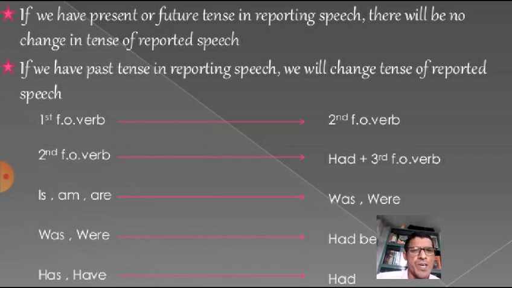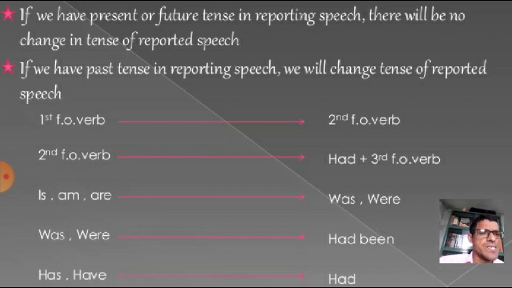In the same way, if in the reported speech either was or were is there, then was and were can be changed into had been whenever changing the sentence from direct to indirect speech.